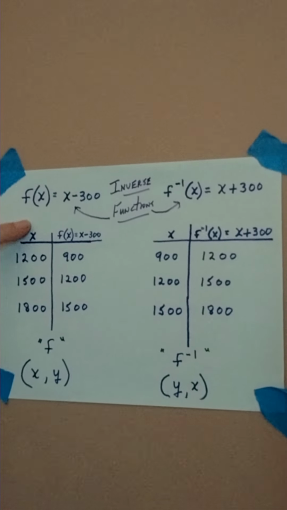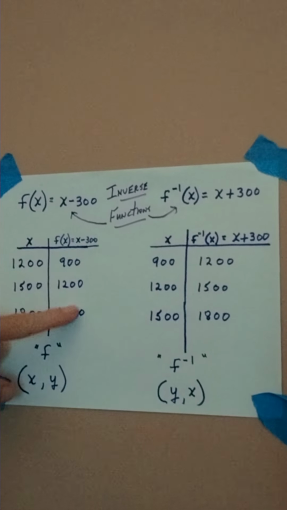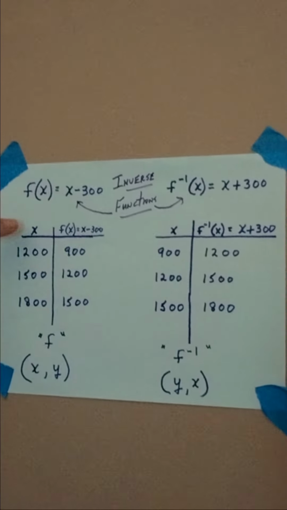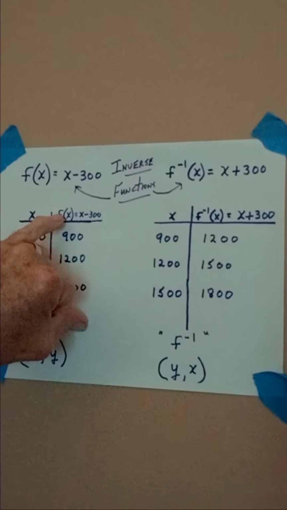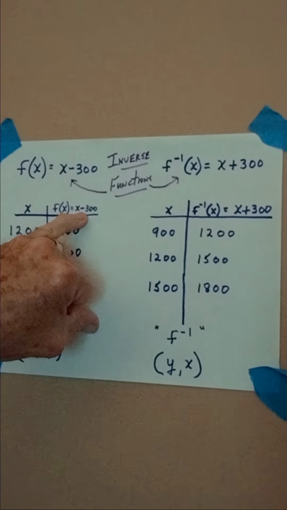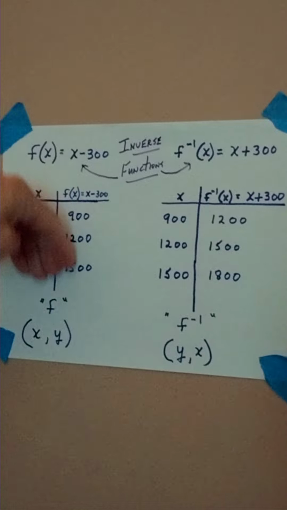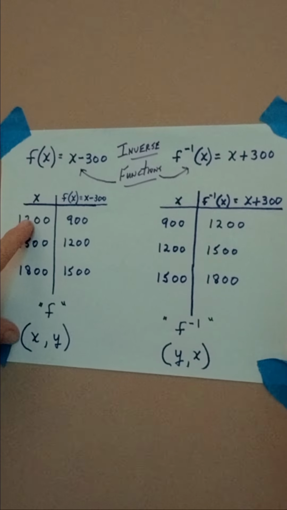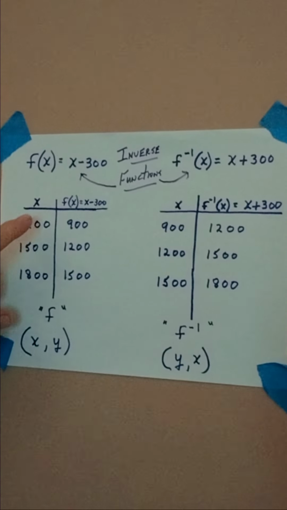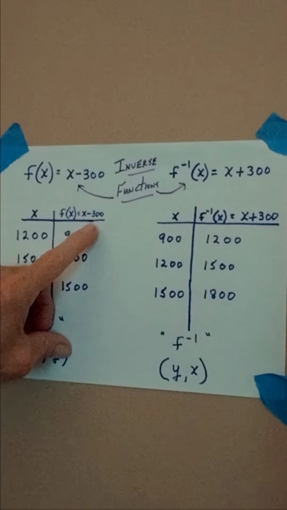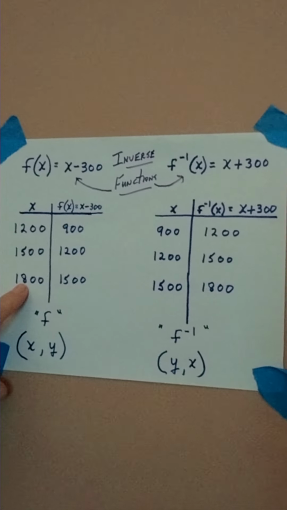This is the domain, this is x, and this is the y column. x is the member of the domain, and f of x equaling x minus 300 is the range, or the y. What are we doing here? We're taking the three different original prices, and we are showing a $300 deduction off of those original prices.